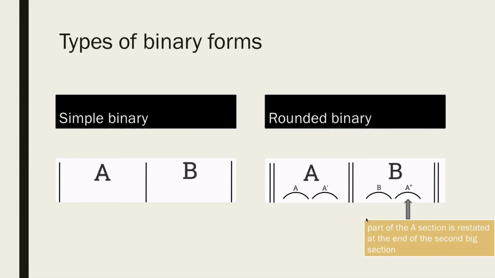And you can see here the term is rounded binary for this particular form. And here the model would show that we have a phrase that was used in the A section that is restated at the end of the B section. We're still hearing it as a binary form, two big parts, but there is some restatement of a portion of A. So that's the difference between simple and rounded binary.